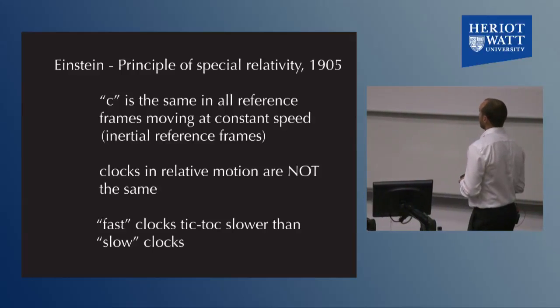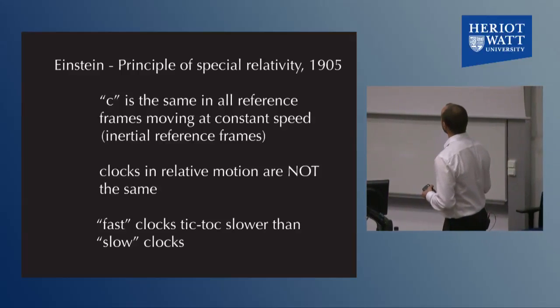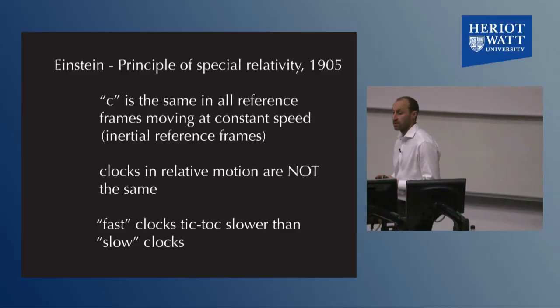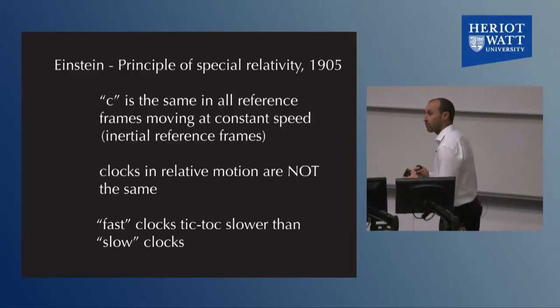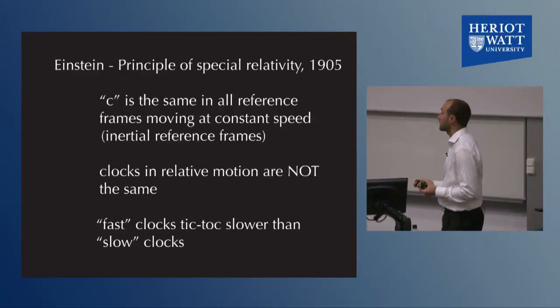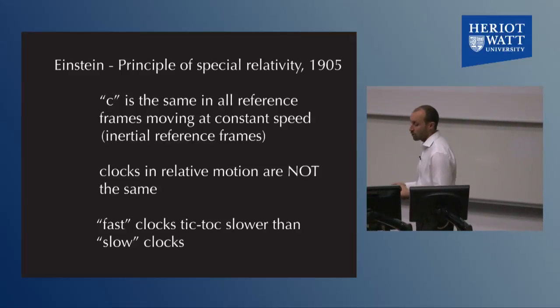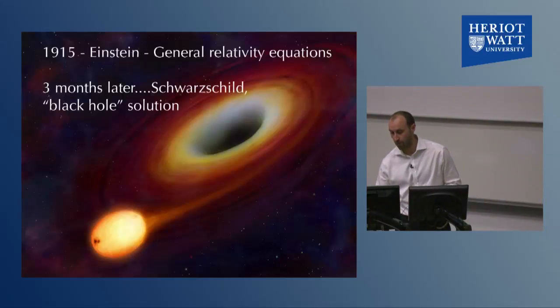And even more strangely, because this is really against all intuition, clocks in relative motion are actually not the same. Clocks that are in motion with respect to one another do not tick-tock in the same way. A clock that is moving fast will tick-tock slower than one which is standing still with respect to an observer.